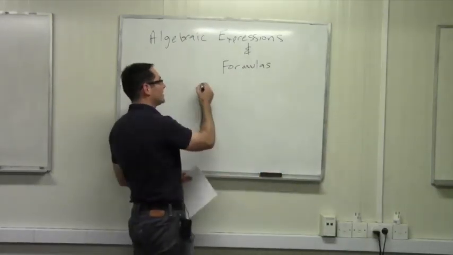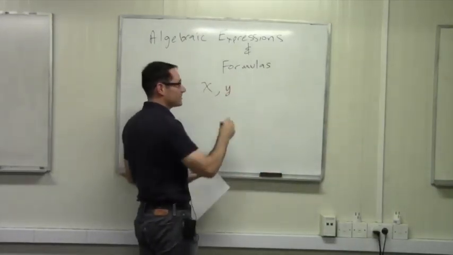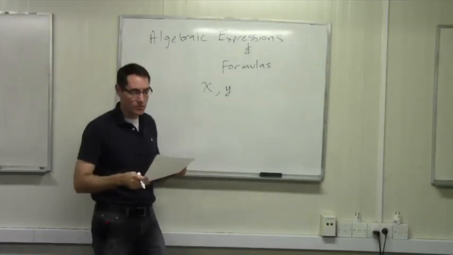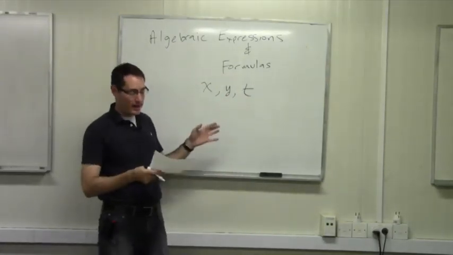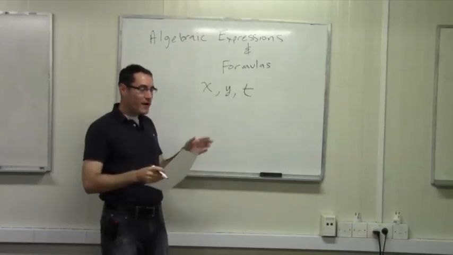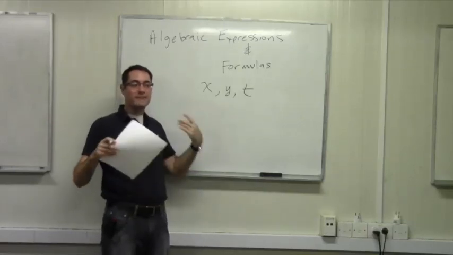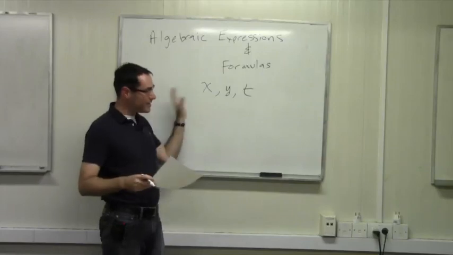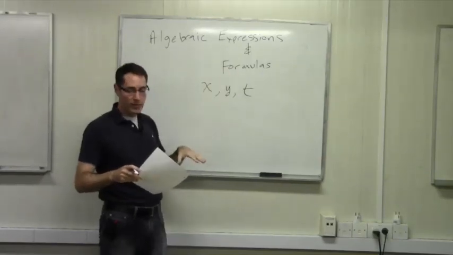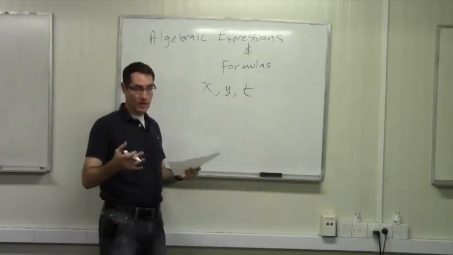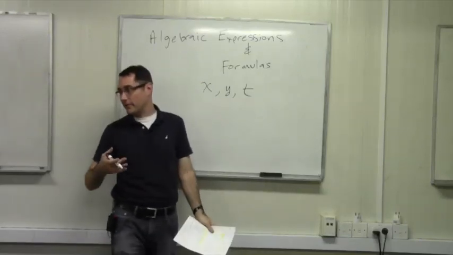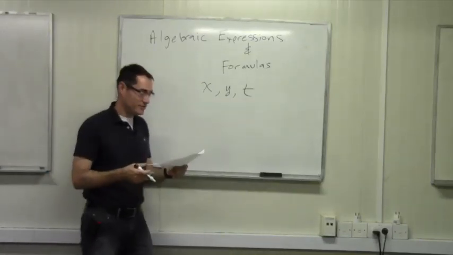A lot of times in class we'll use x or y, sometimes z or some other variables, or t for time. You can use whatever you want. A variable just represents some different number. In an expression or in a formula, if you see a variable, it just means that's a number of some sort, and hopefully one that you'll be able to figure out eventually.